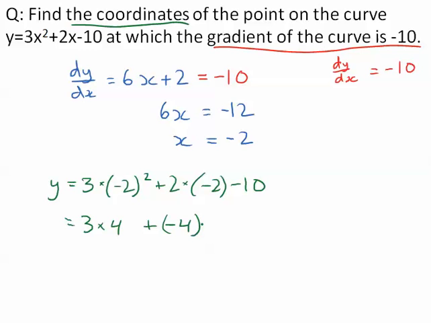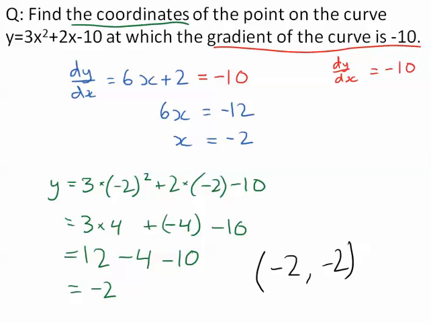So we got (-4) in here, and then minus 10. So we know that 3 times 4 is 12, and plus -4 is the same as -4, and then minus 10. So this is just 12 minus 14, which is -2. So y is actually also -2. So x is -2 and y is -2. So that means that the coordinates are (-2, -2).